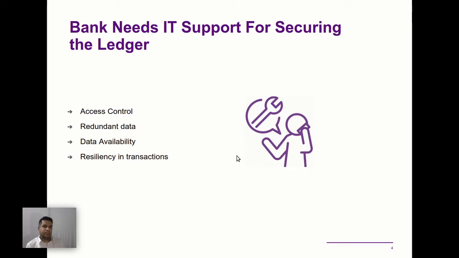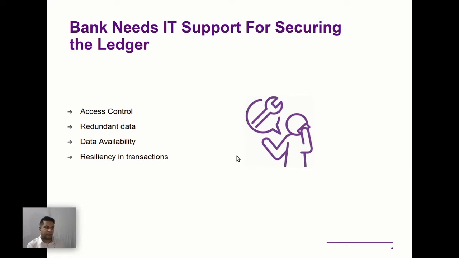What also needs to be understood is modern banking needs a lot of IT support, and all of that IT support is essentially needed for securing that online ledger. Now, what we mean by this is most of the times banks maintain that ledger on a database system.